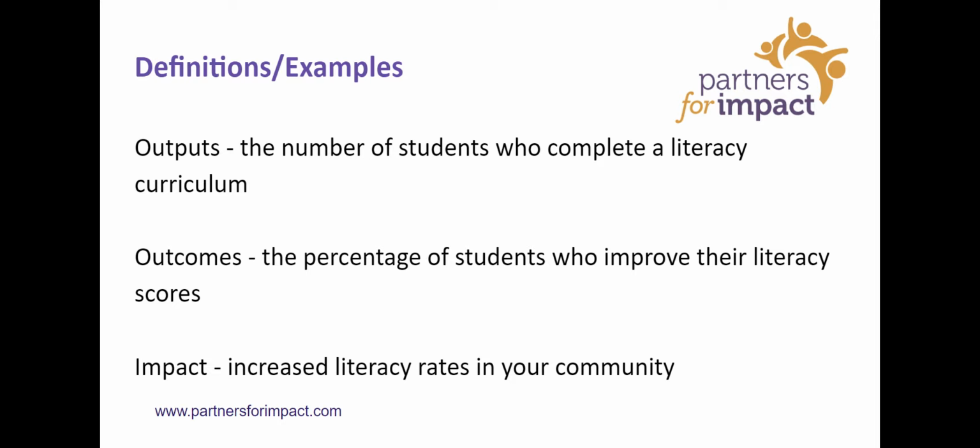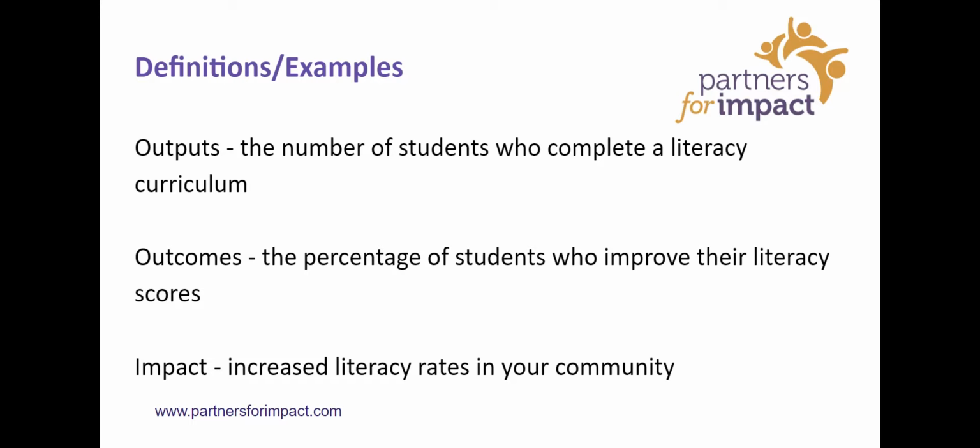So if we think about this again, say we have 30 students who complete a literacy curriculum, right? And then there's a certain percentage of those who actually improve their literacy scores. And this is where you're going to really need to figure out how you measure the outcomes. And as you kind of move from output to outcome to impact, the measurement factor becomes a lot more difficult. That's okay.